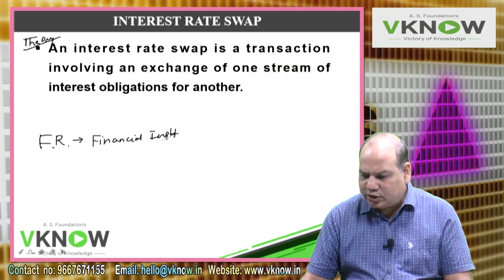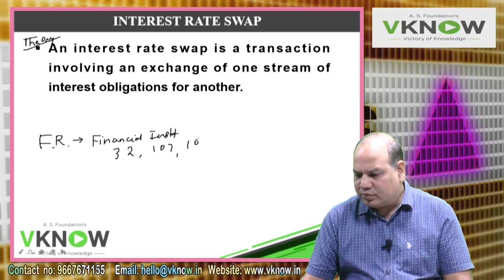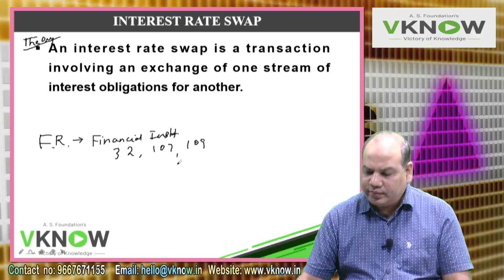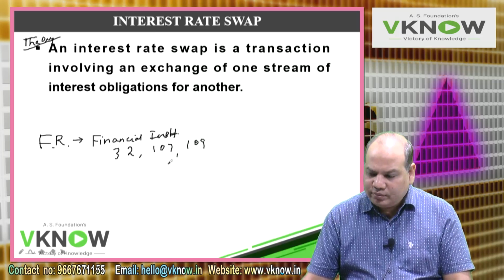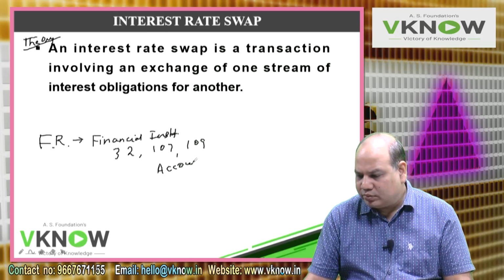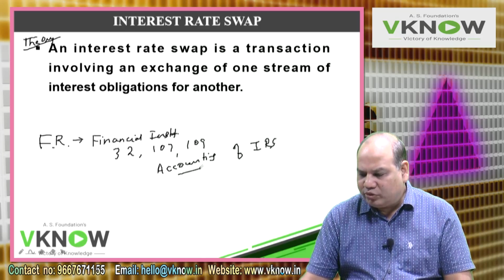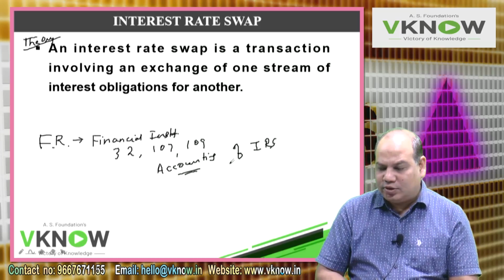If you have studied, there are three standards: Ind AS 32, Ind AS 107, Ind AS 109. And there in the RTP or exam or your study material, they have asked question on accounting of IRS, interest rate swap. We will not discuss accounting today. It is not the scope of this subject.